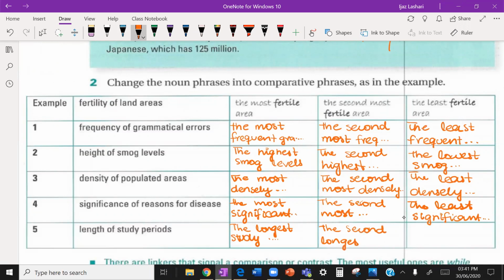And the last one is the shortest study period, because this is the least one. The shortest. The shortest study period. Okay, the shortest study period is the last part.